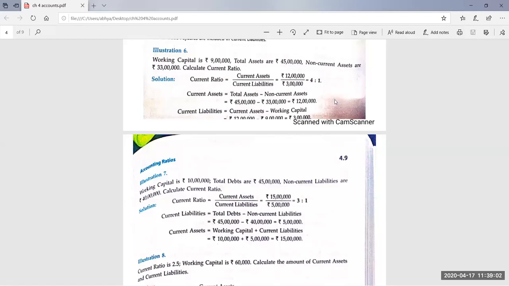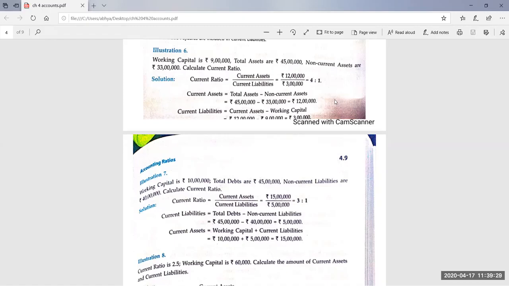So example number 8: current ratio is 2.5. Let me make one thing clear here: current ratio is 2.5 means current assets are 2.5 times current liabilities. Assume current liability is X and current assets will become 2.5X.